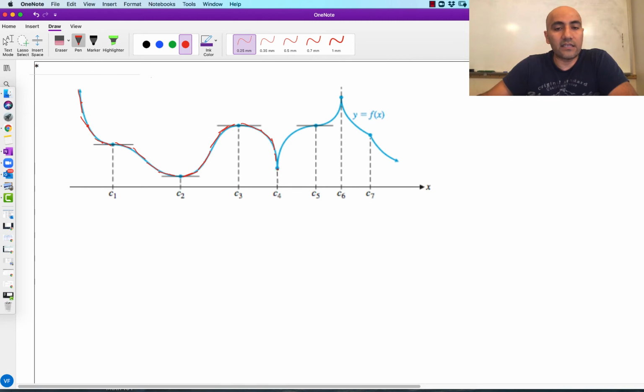The tangent line is undefined at this sharp point right there. To the right of it, all of a sudden we become a positive slope: bigger positive slopes, smaller positive slopes until we get to 0. Then again a small positive, then bigger positive, until we get to this undefined slope again. So the tangent line is undefined at that point.